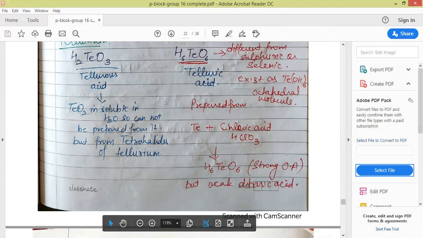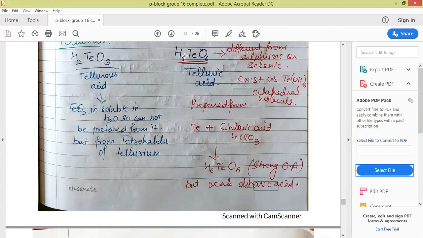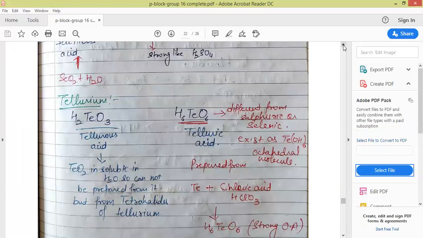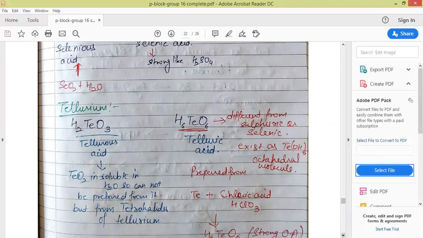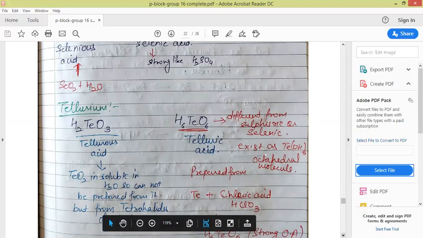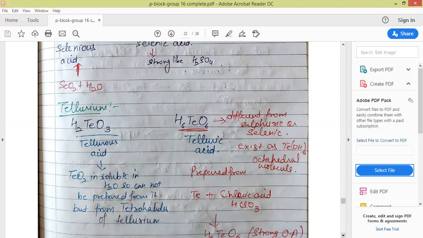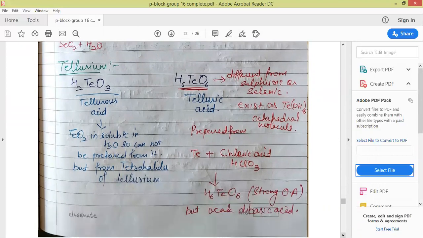Telluric acid is also an exception, as it has a different formula and an octahedral structure. It is very different from the corresponding acids of other group 16 elements like sulfuric acid and selenic acid. It exists as Te(OH)6, which has octahedral geometry.